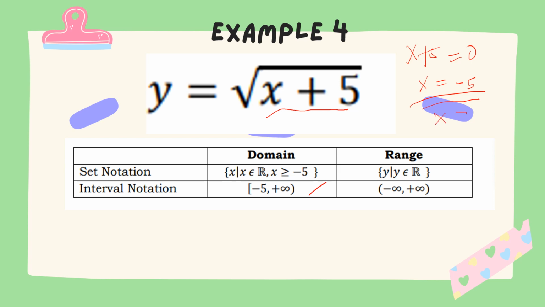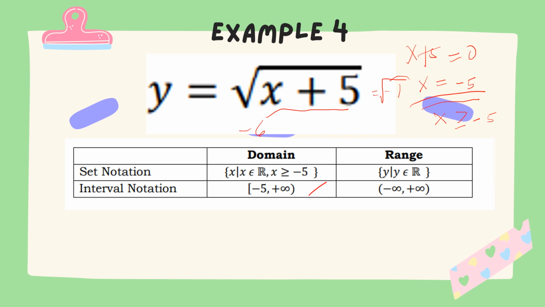We do not accept values of x less than negative 5, because when it is less than negative 5, like negative 6, this will give negative 1 inside the radical, which gives an imaginary number. That's why the values of x will be from negative 5 only up to positive infinity. While for its range, all values can be, so it's from negative infinity up to positive infinity.